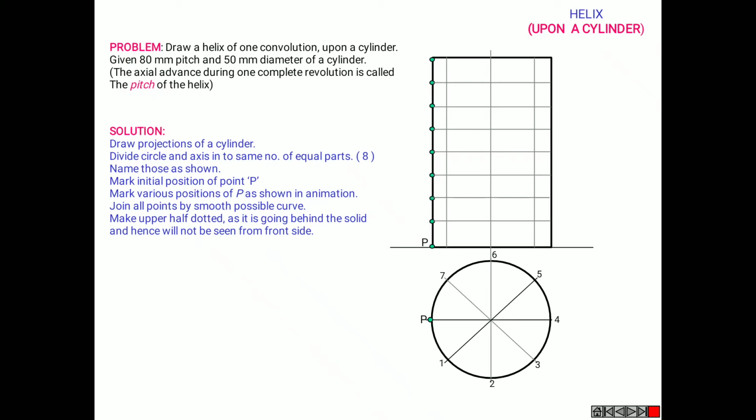Divide that again into 8 equal parts. Now it's 1 to 1, 2 to 2, 3 to 3, 4 to 4, 5 to 5, 6 to 6, 7 to 7, and 8 to 8. So name them as P1, P2, 3, 4, 5, 6, 7, and 8.